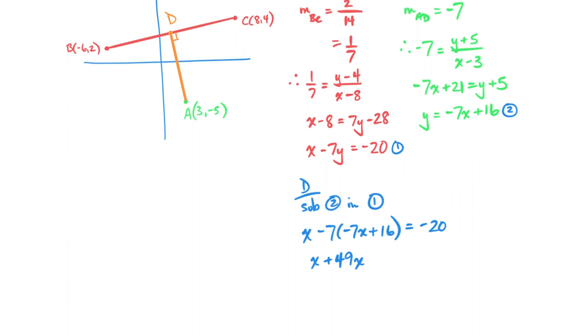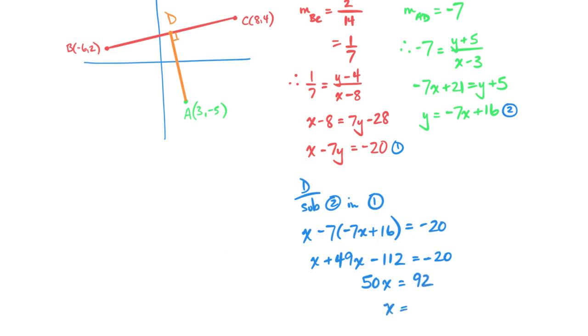7 times 16 is a 70 and a 42. So a 70 and a 42 is 116, yikes, 112. That gets me a 50x is equal to, now I need to take that off, and that's going to get me a 92.